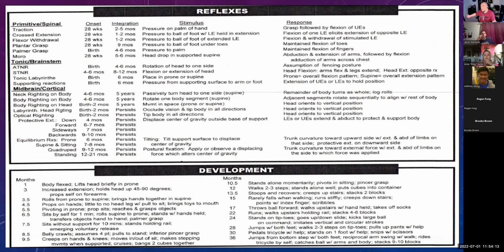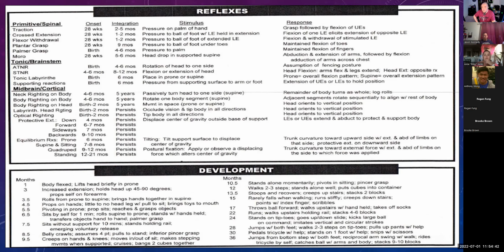And that eventually will lead to those decorticate or decerebrate postures when we get injuries. The good news is both tonic labyrinthine and supporting reaction are both 6 months. So I'm like, great. Most of the tonic ones have to be integrated fairly early, with the exception of STNR, which can be integrated by about 12 months. So 6 for all of those, and then 12 for the STNR.